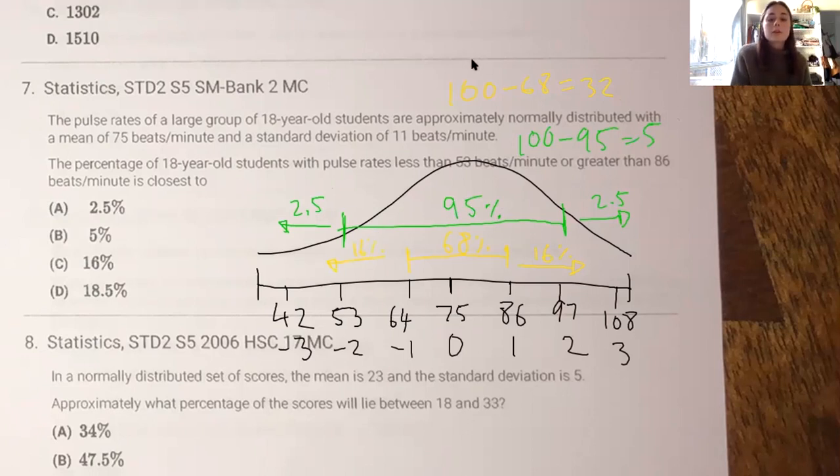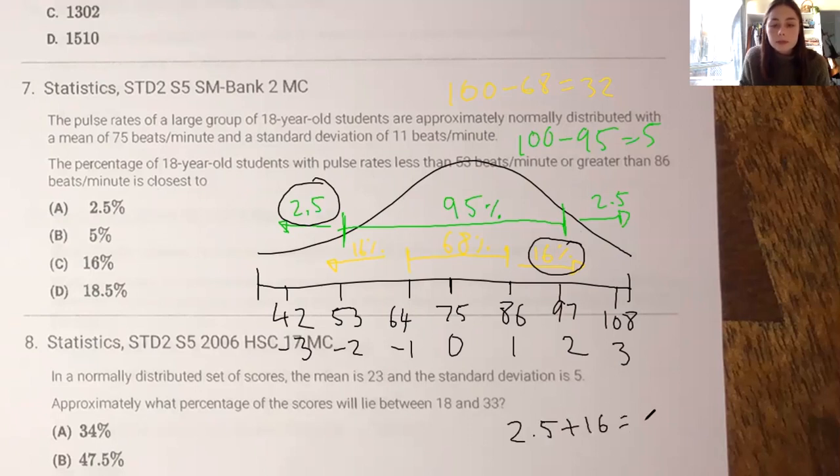The question says the percentage of 18-year-olds with pulse rates less than 53, we know is 2.5, or greater than 86, we know is 16. So 2.5 plus 16 equals 18.5%. So it'd be D.